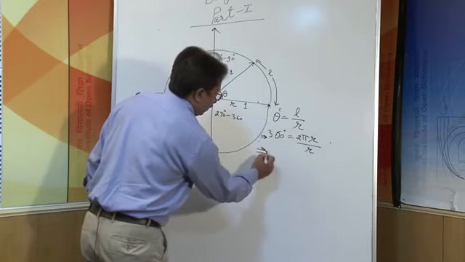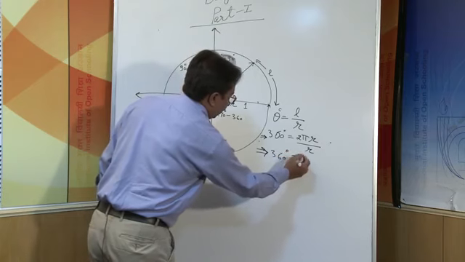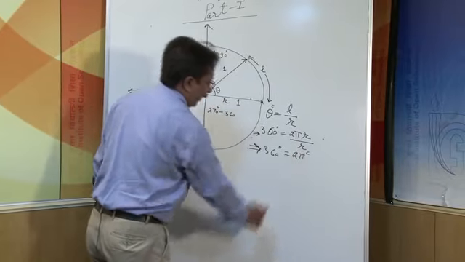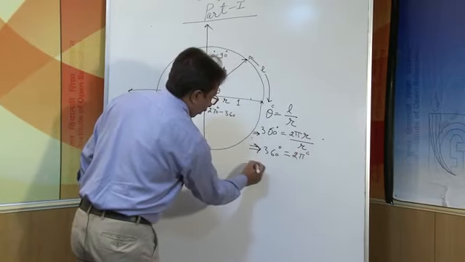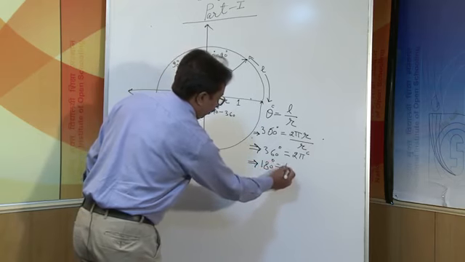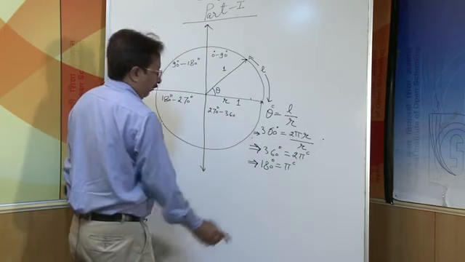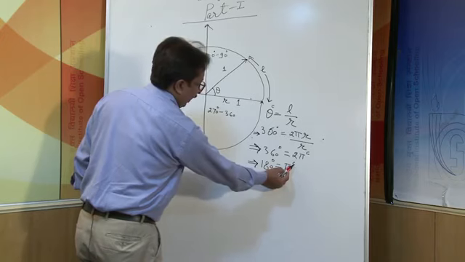Then 360 degree in this way becomes 2 pi radians. Or we can say further 180 degree is equal to pi radian. So, now we have got another unit of measuring the angle as radian.